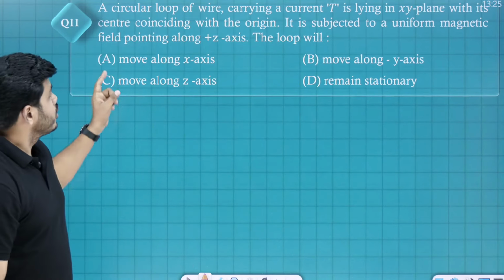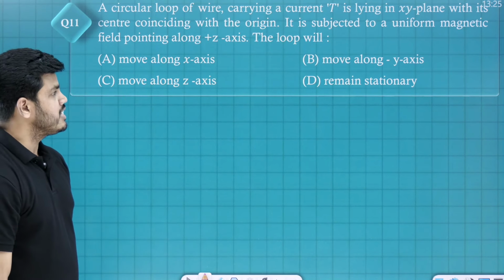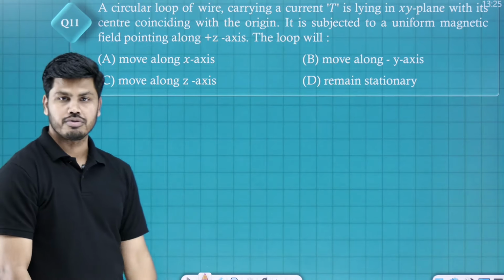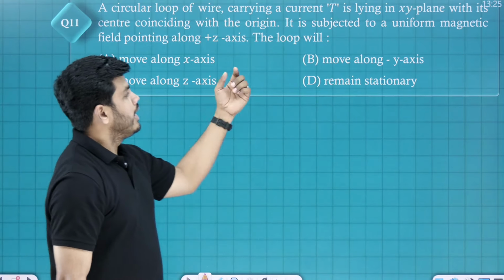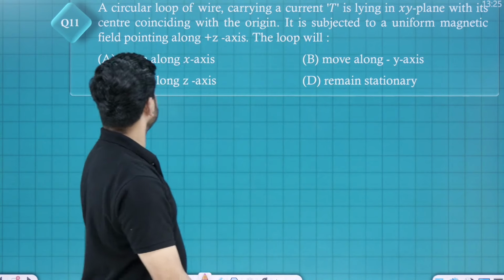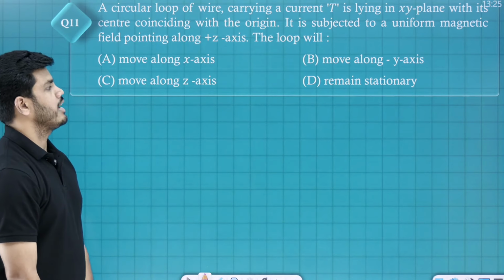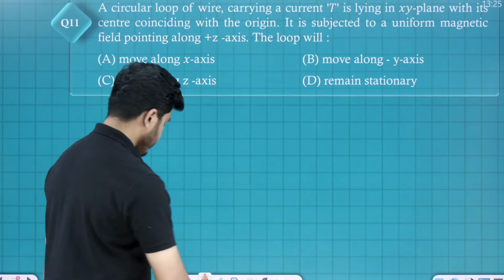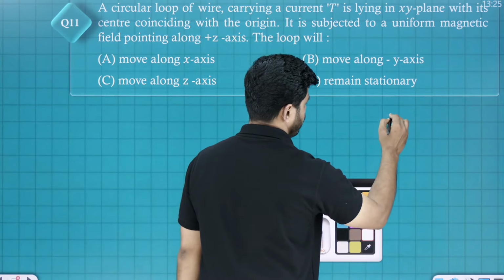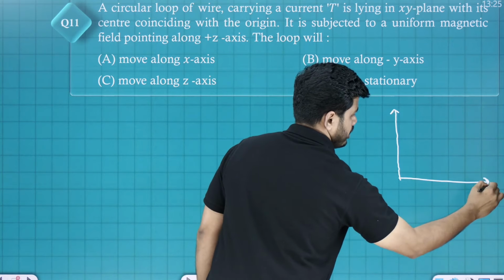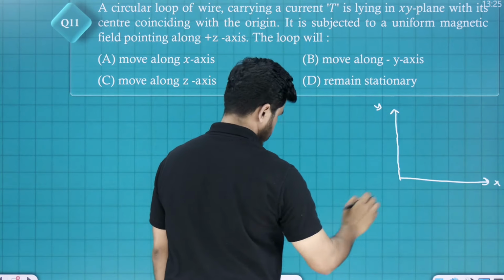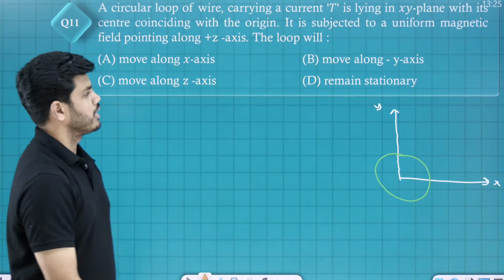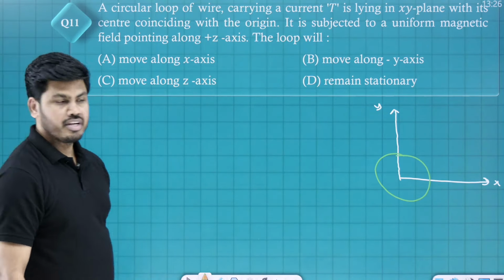A circular loop of wire carrying a current I is lying in the xy plane with its center coinciding with the origin. It is subjected to a uniform magnetic field pointing along the z axis. The loop will... this one we already explained, a different form of the question. We have a loop of wire kept in the xy plane with the center at the origin.